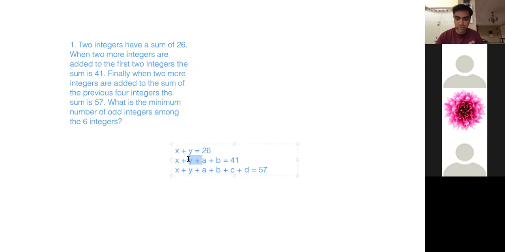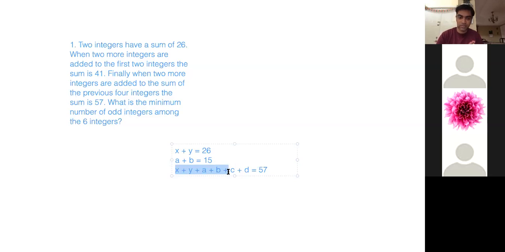And then after that I did a plus b, and I subtracted 26 from 41 to get how much the a plus b would be. And it would be a plus b equals 15. And then after that I subtracted 41 from 57, and I got 18.